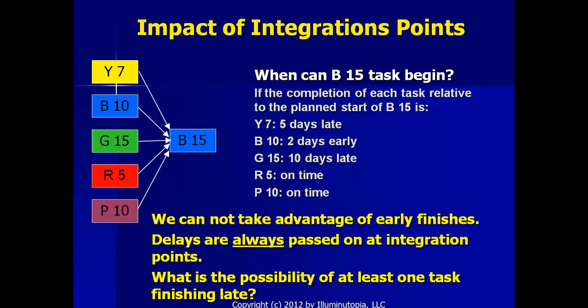So even if we did finish early, we would lose out on taking advantage of those early finishes. And what's the probability of finishing at least one task late? It's not low. So there is a very high chance that there is going to be a late integration task start time, and that it's going to start at the latest finish of all the tasks that it depends on, that must be completed before it.